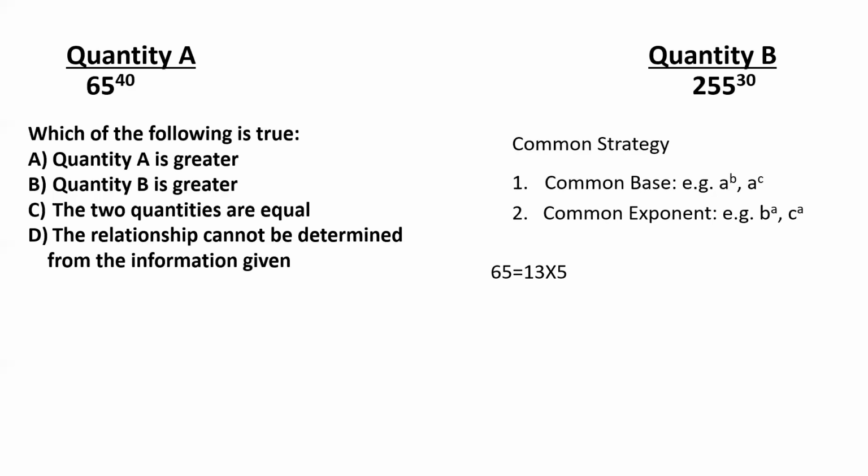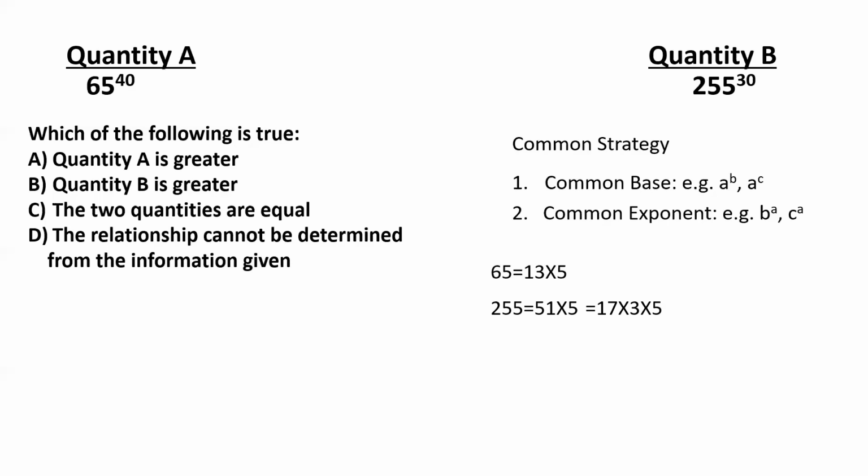Similarly, you can break down 255 as 51 multiplied by 5, and 51 can be further broken down as 17 multiplied by 3. So these are the prime factors of 65 and 255, and other than the common factor of 5, nothing else looks common or similar between the two. They're still two different quantities with very different constituent prime factors, besides the common factor of 5.